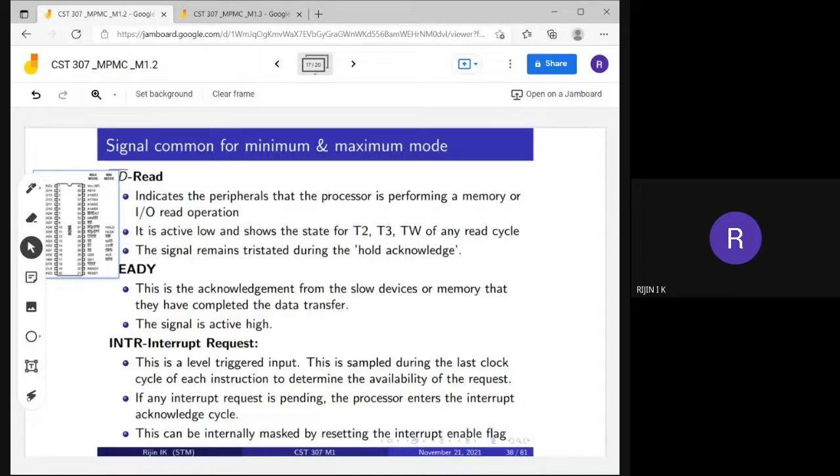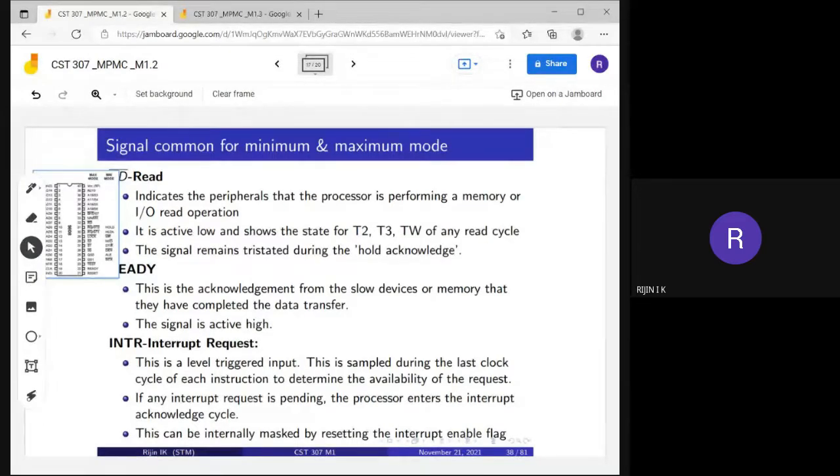The processor will sample at the end of every clock cycle for each instruction to determine whether there is an interrupt. So you can say that INTR is an interrupt request signal.